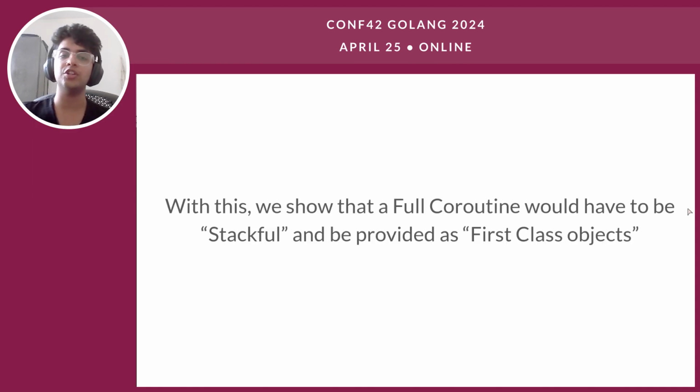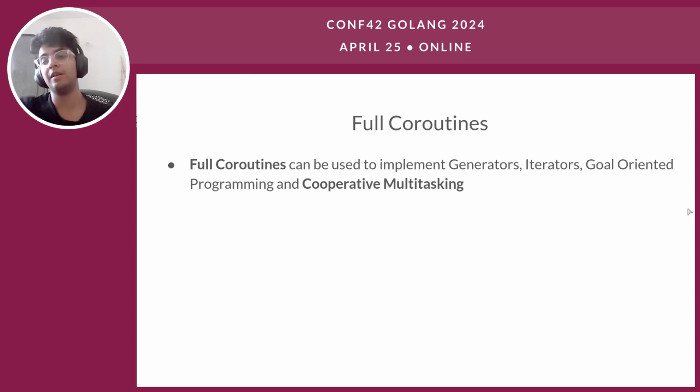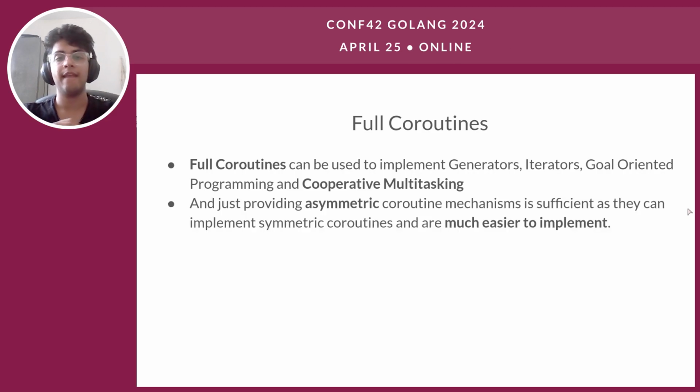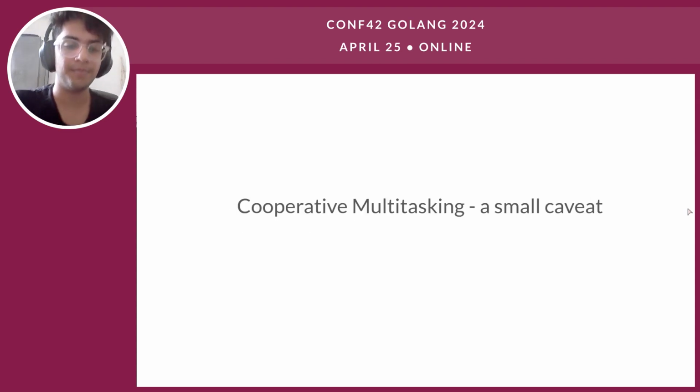Basically, your full coroutine should be stackful, should be provided as a first-class object, and we can implement them using asymmetric coroutines. Full coroutines can be used to implement generators, iterators, all the way up to cooperative multitasking. Just providing asymmetric coroutine mechanisms is sufficient because we can use them to implement symmetric coroutines, and asymmetric coroutines are much easier to maintain and implement.